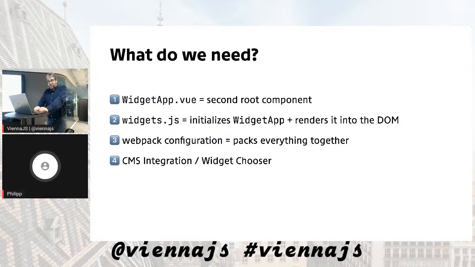Next to your second root component, you need the widgets.js, which initializes the second root component and renders it into the DOM. And the third step, you have to adapt your Webpack configuration, which will then pack everything together into the second output bundle. And at the end, we need a nice integration into our CMS so that our newsroom staff can use these widgets.